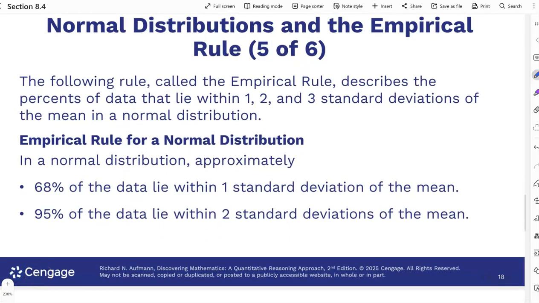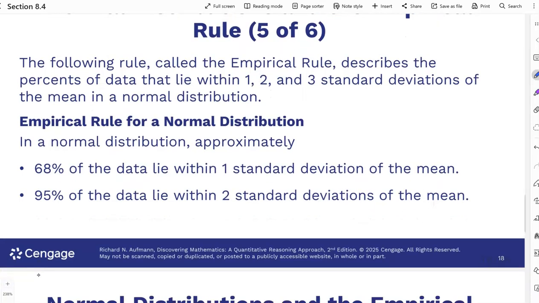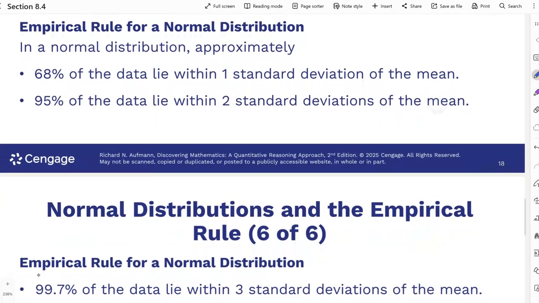So all of this is leading us to something called the empirical rule. The empirical rule is a rule for normal distributions, and we're talking about values within 1, 2, and 3 standard deviations from the mean. And the empirical rule says that 68% of your data is guaranteed to be within 1 standard deviation of the mean.